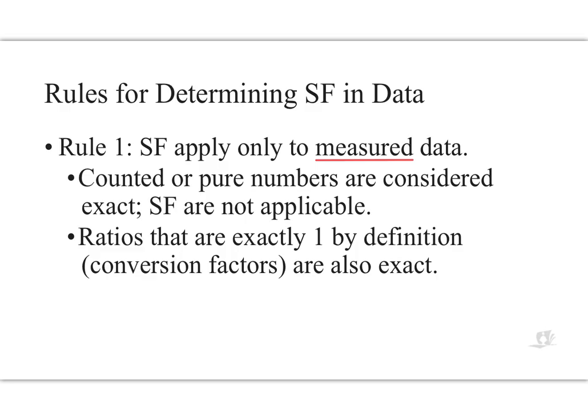So ratios that are exactly one by definition are also exact. So if you have 12 inches in a foot, that is not considered in taking significant figures because you're just doing conversion factors there. And so those equal to one, you've multiplied by one, it doesn't affect your significant figures.